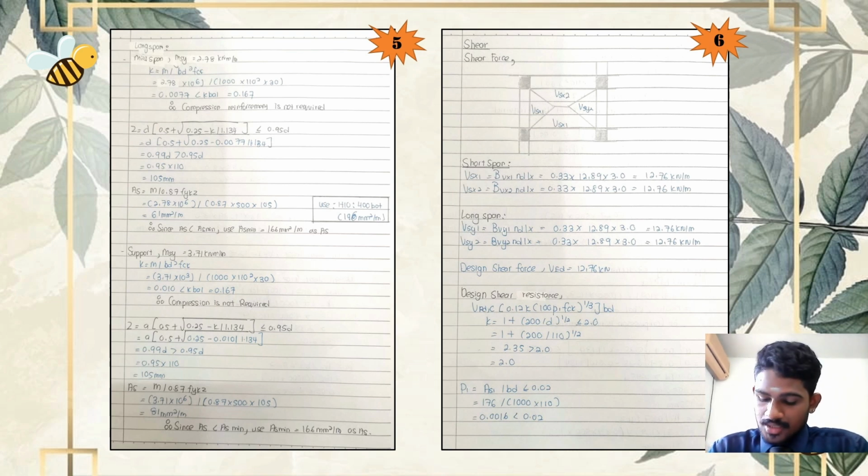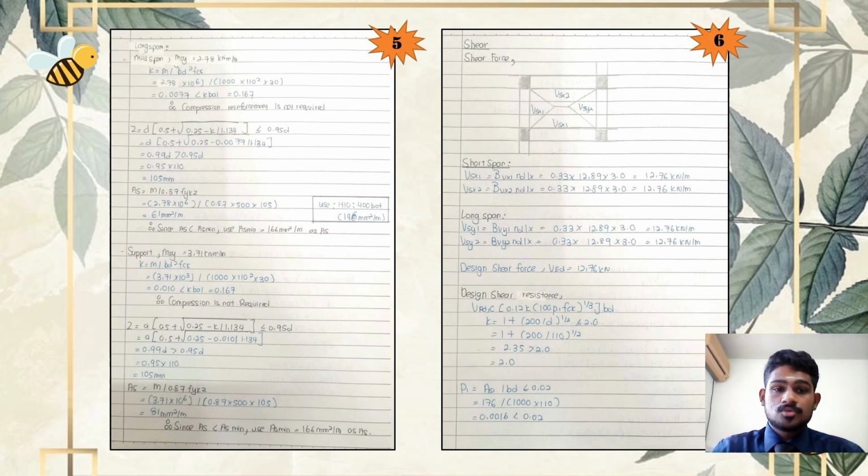Okay, the Z that we get is 0.990, which is more than the original 0.95, but we need to use the original Z value, which is 0.95 times 110, 105 millimeter. So the AS is equal to 81 millimeter power of 2 per m.